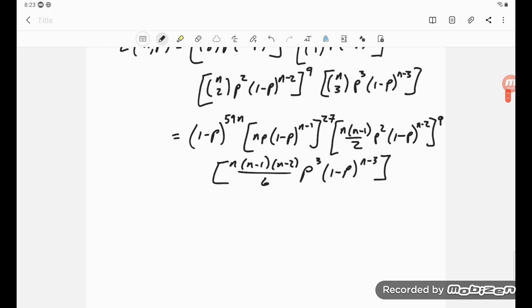Now, I multiplied this, I took the logarithm and wrote everything out. I'm going to go with just what I simplified to here.